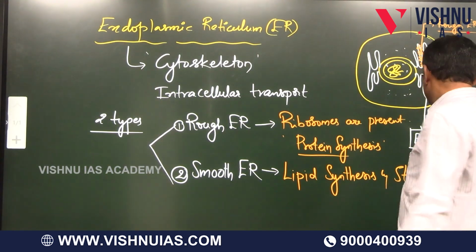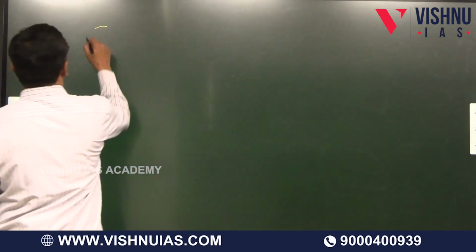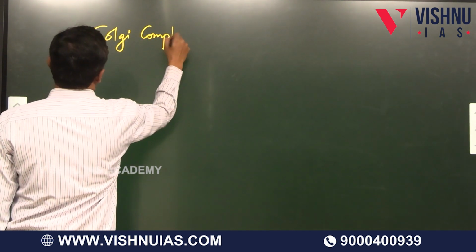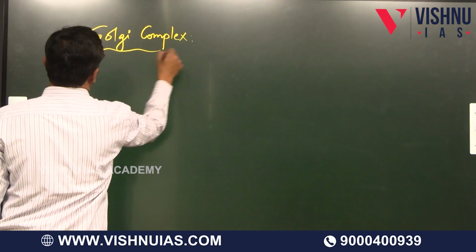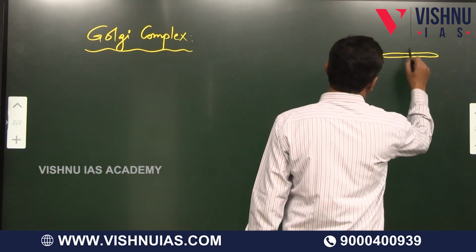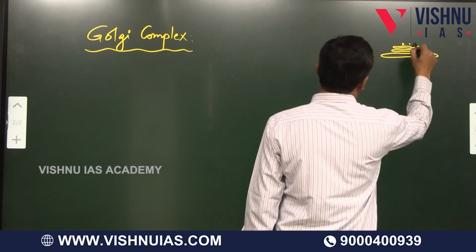Okay. So, next one is Golgi complex. This Golgi complex contains structures like cisternae, tubules, and vesicles, like this.